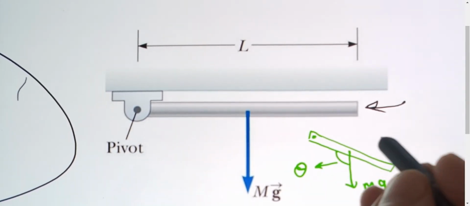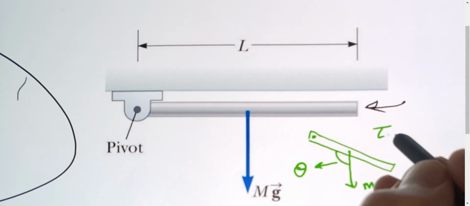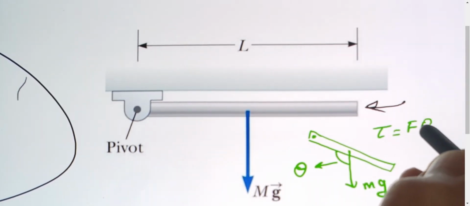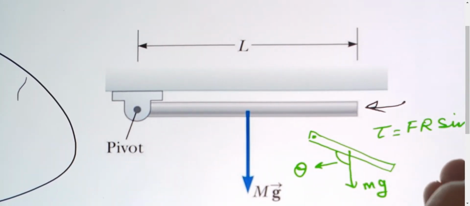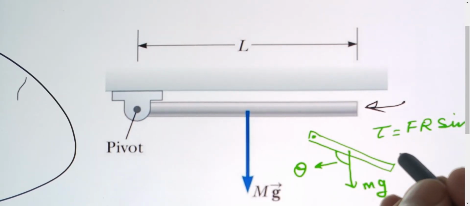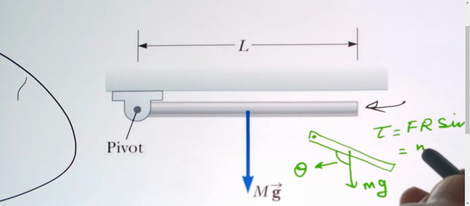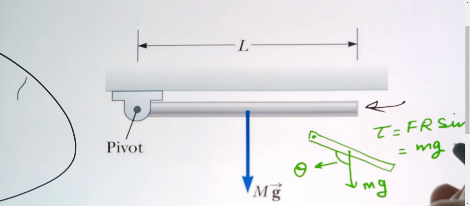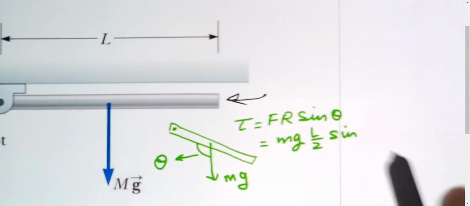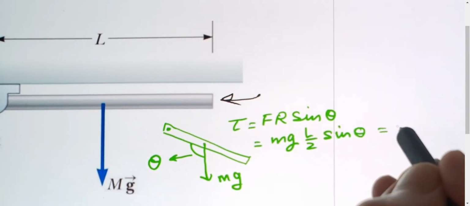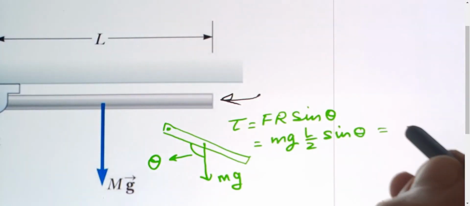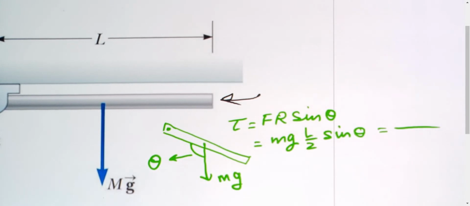When I write the first equation, torque will be F R sine theta. Theta is given, suppose it's 60, or 45 or whatever. So I write F as mg, R is L over 2, and then sine theta. And I find the value, I will have some mathematical value. And then I continue as usual.